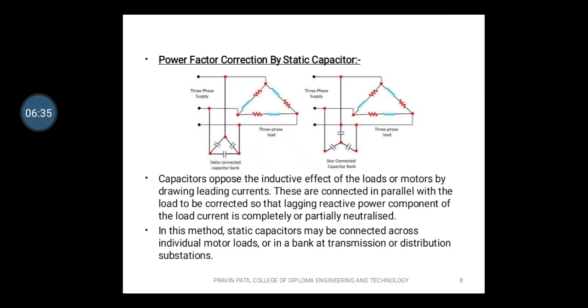Normally, we know that an AC system contains inductive load, that means lagging power factor. We also know that a capacitive load gives a leading power factor. That means the capacitor opposes the inductive effect of the drives.